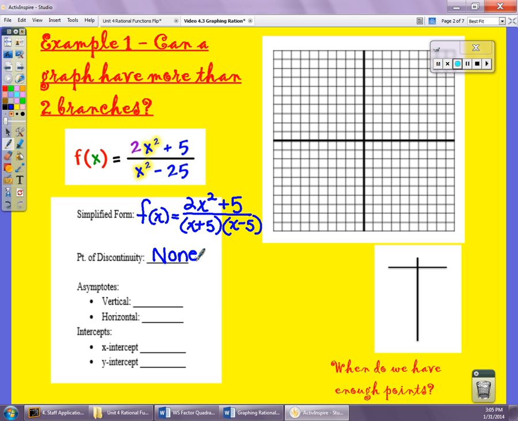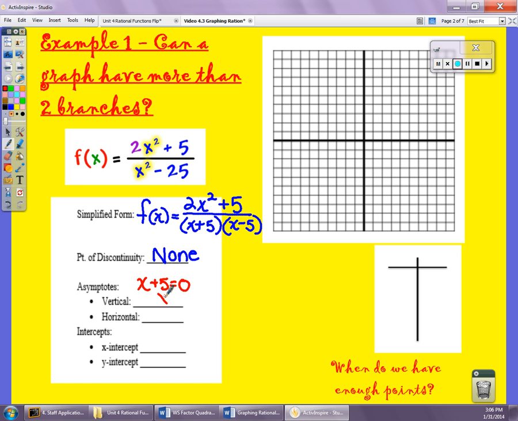We're going to find our vertical asymptotes first. Remember, in order to find a vertical asymptote, you want to set your denominator equal to 0 and solve. In this case, we've already factored our denominator, so we're going to set each factor equal to 0. x plus 5 equals 0.